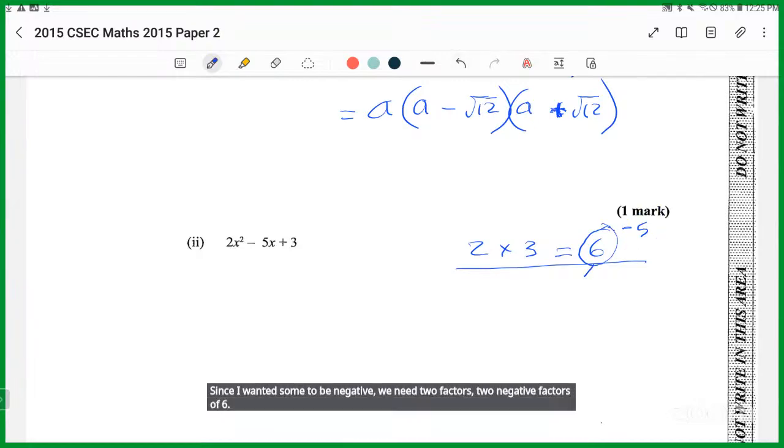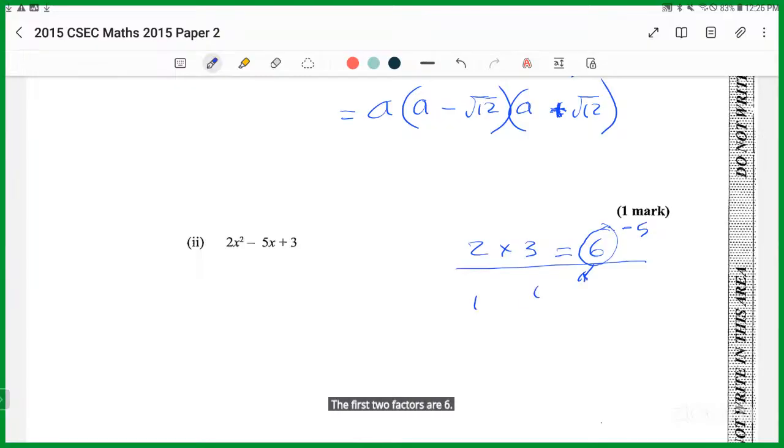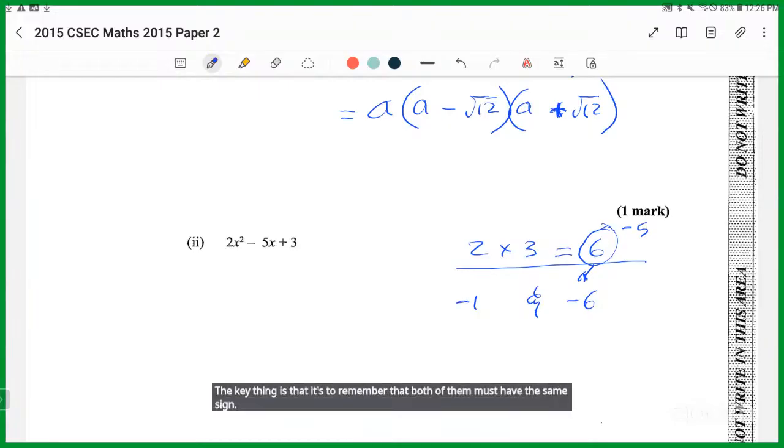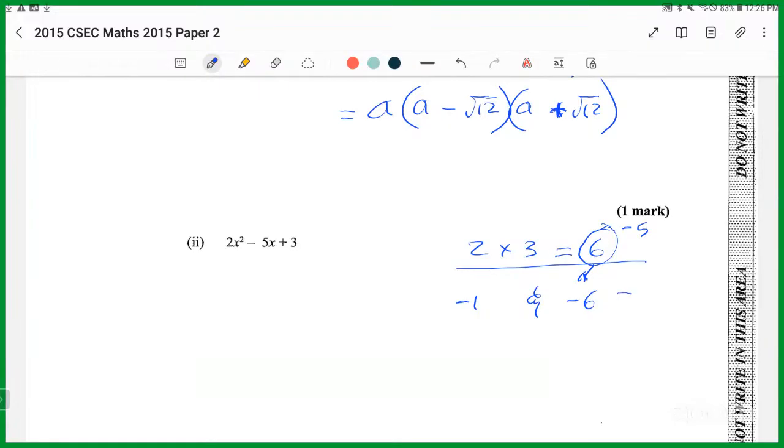The first 2 factors of 6 are 1 and 6. The key thing is to remember that both of them must have the same sign. But when you add these, you get -7, which is not what you want. You want -5. So the next 2 factors of 6 are 2 and 3. Make both of them negative because you want the sum to be negative, and these actually add to -5. So yes, you have found it.